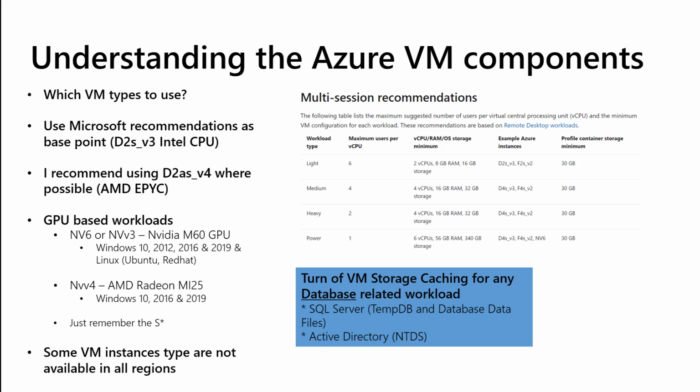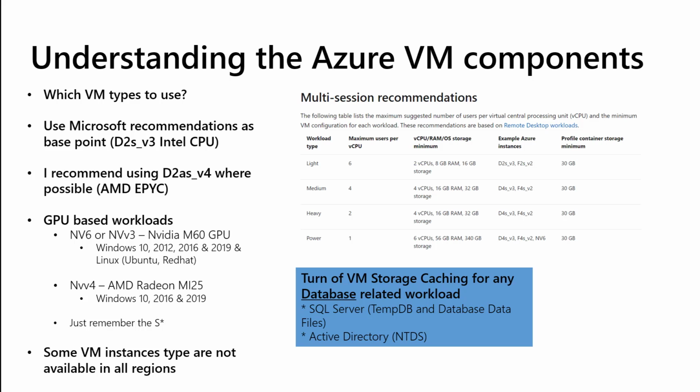Of course, Microsoft has specific recommendations on what kind of virtual machine instances you should be using. And I think it was during the summer, either July or August, that Microsoft started rolling out the new AMD-based version 4 instance types, which, if we compare it to their older version, is a little bit cheaper, but also has a lot more powerful processor compared to the older Intel ones.